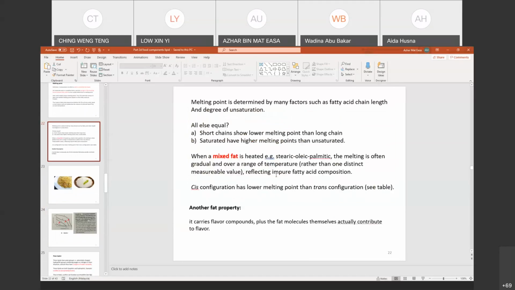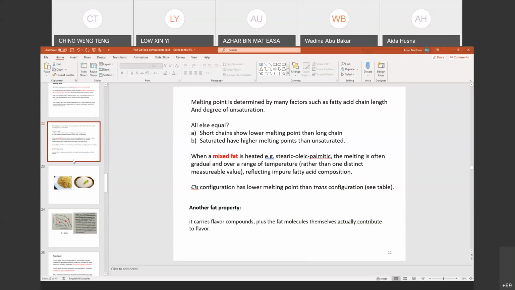reflecting impure fatty acid composition. So cis configuration has lower melting point than trans. We have seen this. And this is just to illustrate the difference between the effect of cis versus trans.